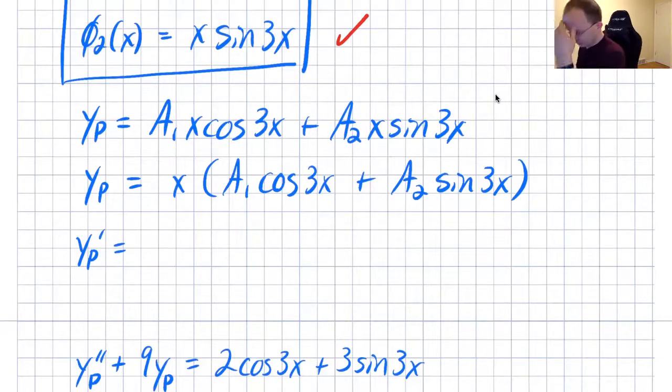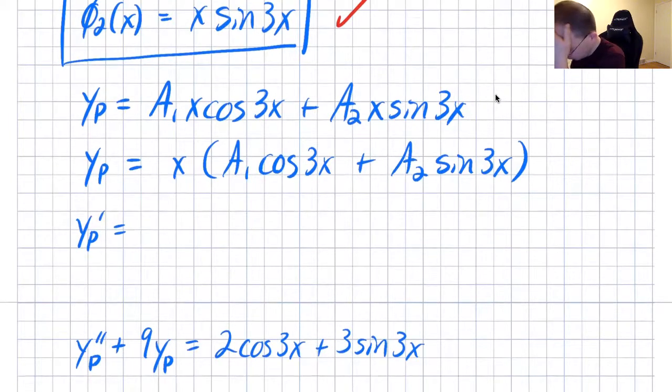Okay, so let's do this. So now we have just one product rule, much better. Normally I like taking the derivative of the first thing first, but most people like doing it the other way. So I'll just write x times the derivative of what's in the parentheses.